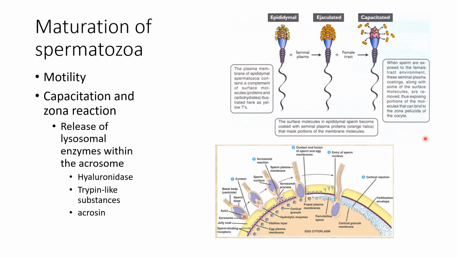Of course, there are chemoattractants that elicit these responses. Remember that the zona pellucida that covers the egg is also a glycoprotein and also releases some enzymes. There are also enzymes released by the acrosomal cap itself, and these enzymes are lysosomal in nature. One of them is hyaluronidase.